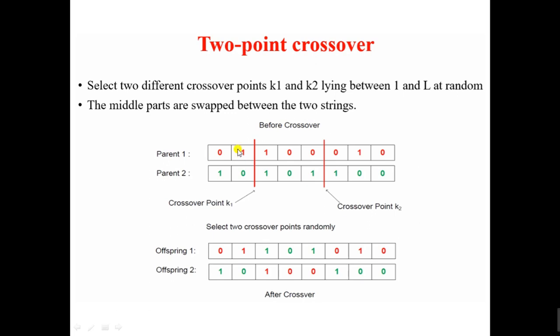Offspring 1 has the first portion from the gene of parent 1, the second portion from parent 2, and again parent 1. Similarly, offspring 2 has the first part from parent 2, the second part from parent 1, and the third part again from parent 2. In a similar way, we swap the values depending upon the crossover points.